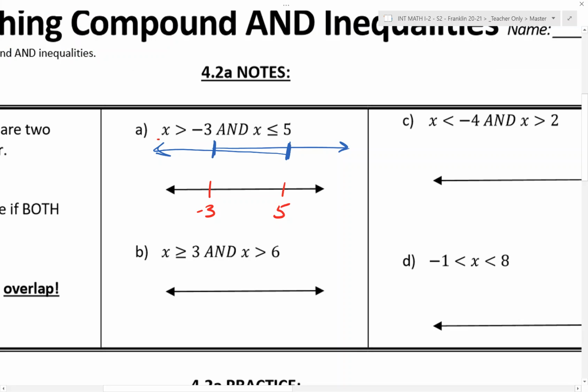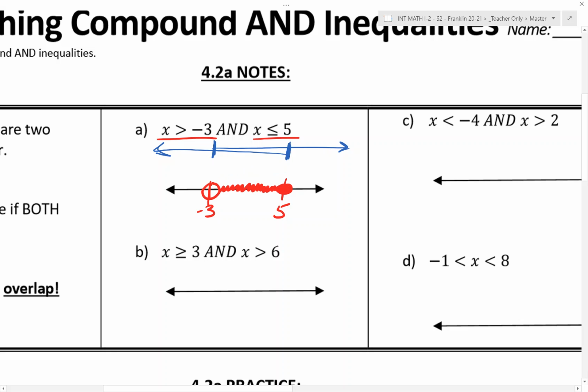For greater than -3, that's an open circle on -3. For less than or equal to 5, that's a filled in circle on 5. And the shading is between the two, because that is where the overlap was when we looked at each one individually.